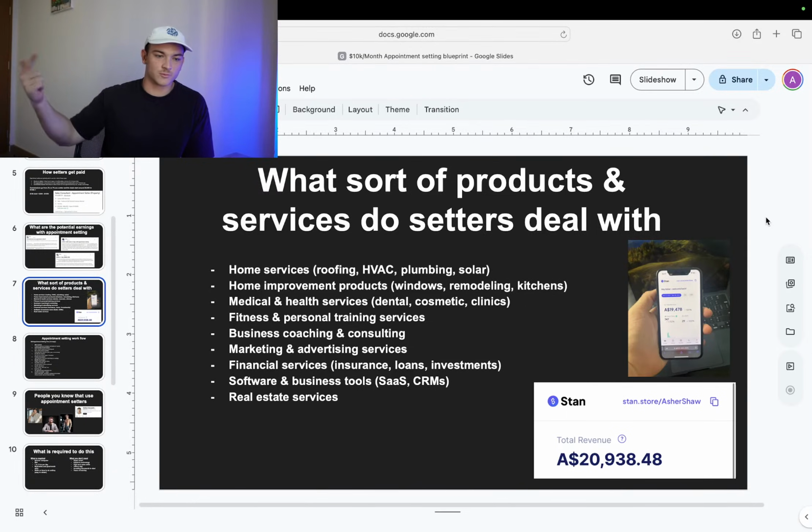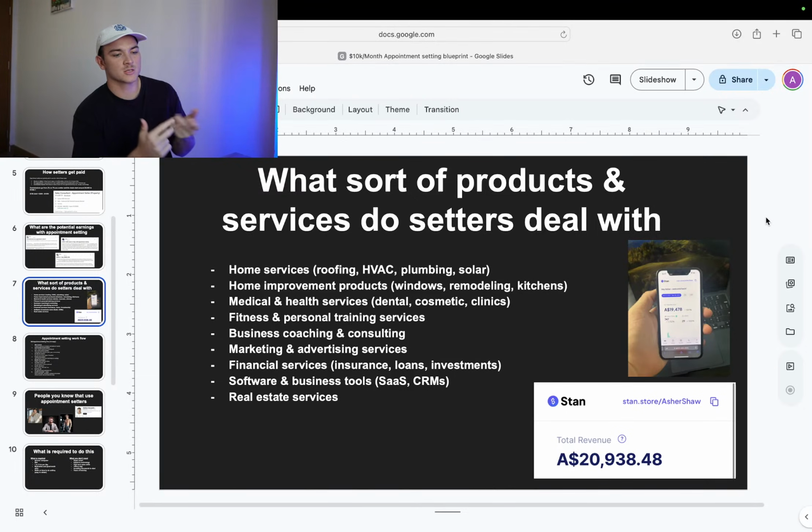So home services, roofing, HVAC, plumbing, solar, home improvement products, medical and health services, fitness and personal training services. So that fitness offer, like I was talking before, business coaching and consulting. That's a big one. These ones are like B2B. Marketing and advertising services. So let's say a company wants marketing, and so you have appointment setters with them.